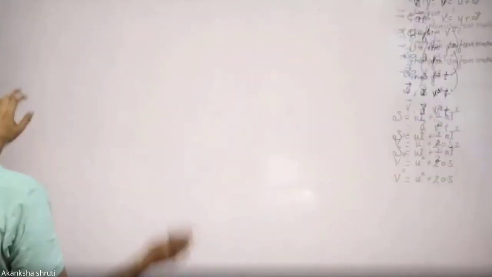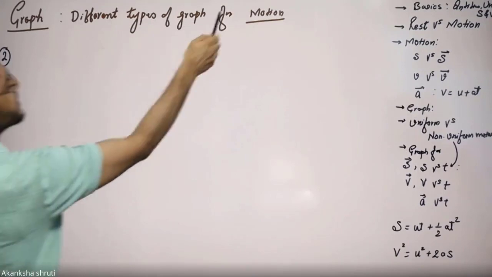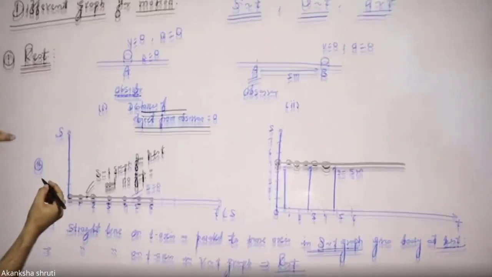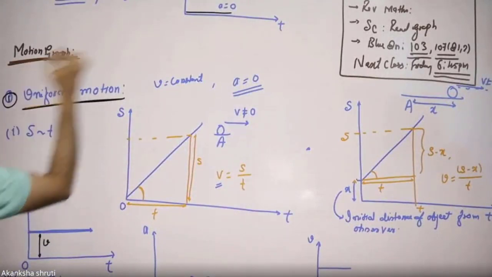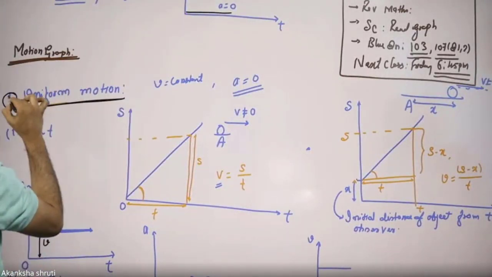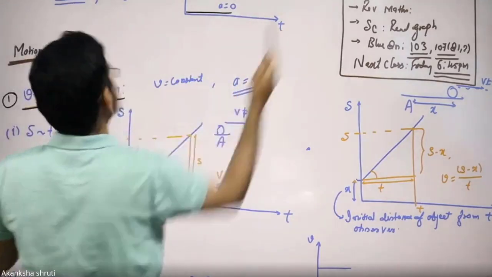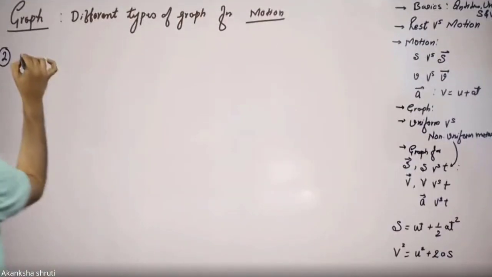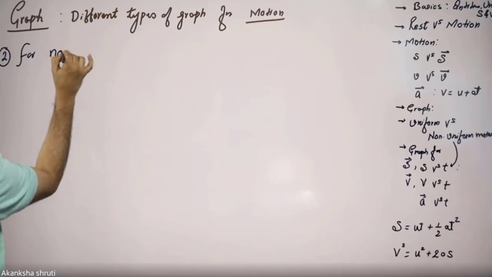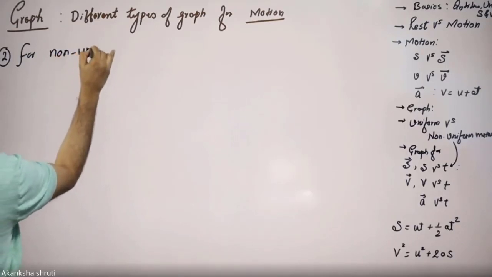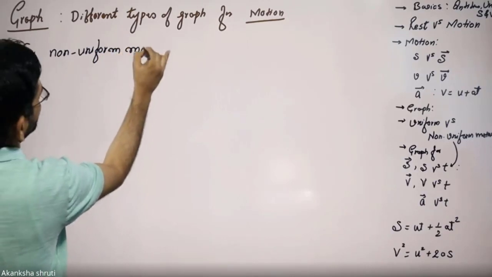Now let us take the second case, graph for non-uniform motion. Student, keep in mind, this was our graph for uniform motion. So let us consider non-uniform motion.